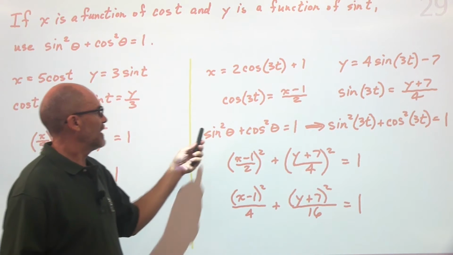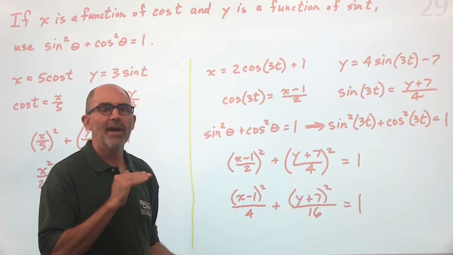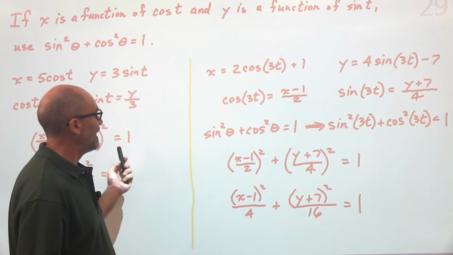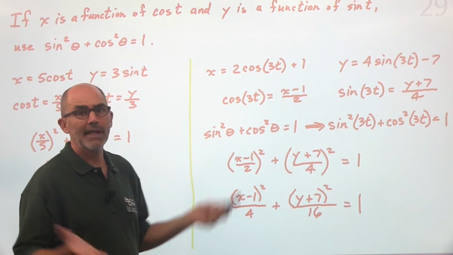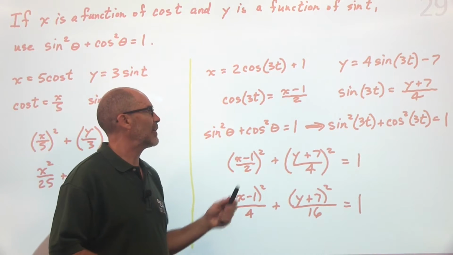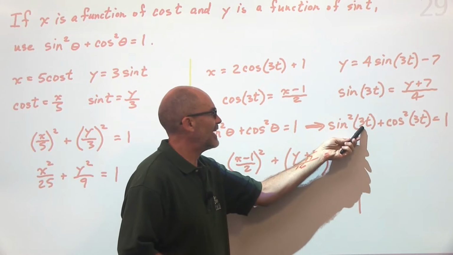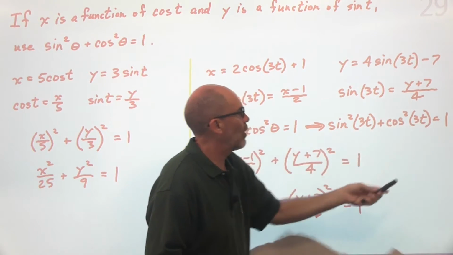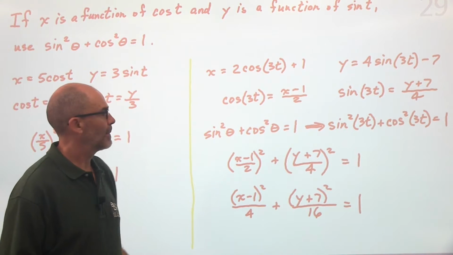Okay, now, sine squared plus cosine squared equals 1, no matter what the angle is. So if the angle is t, that's fine. If the angle is 3t, that's also fine. So notice I don't have to divide by 3 or anything to get rid of that 3. I just say sine squared of any angle plus cosine squared of that same angle equals 1, and that angle in this case happens to be 3t.